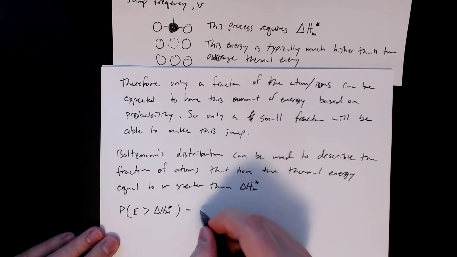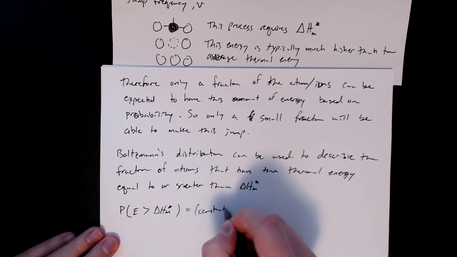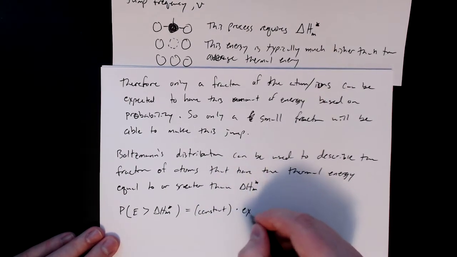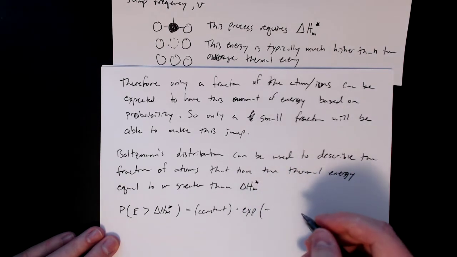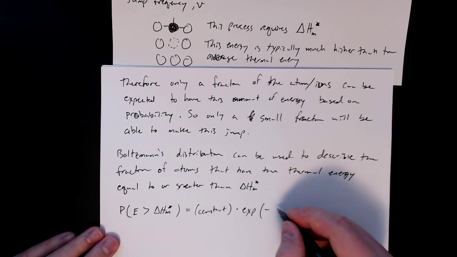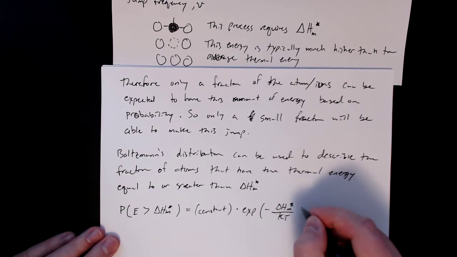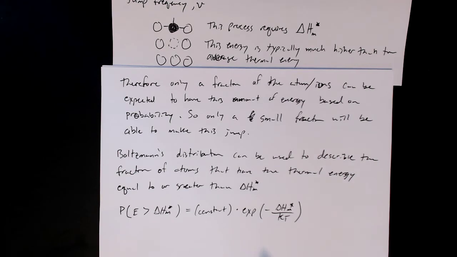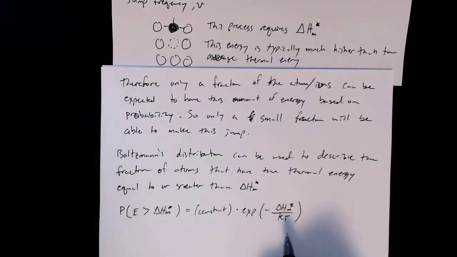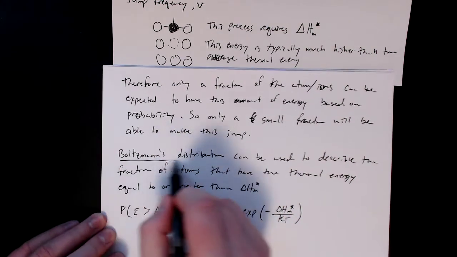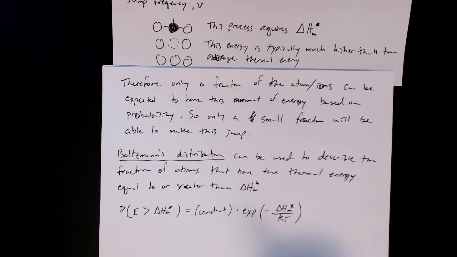And this is equal to a constant multiplied by the exponential, and the exponential inside is negative delta H m star over kT. So this is why you see this exponential over temperature with some type of activation energy, why you see it in this form, because it ties back to Boltzmann's distribution. Boltzmann's distribution is important not only here in diffusion, but in other fields as well.